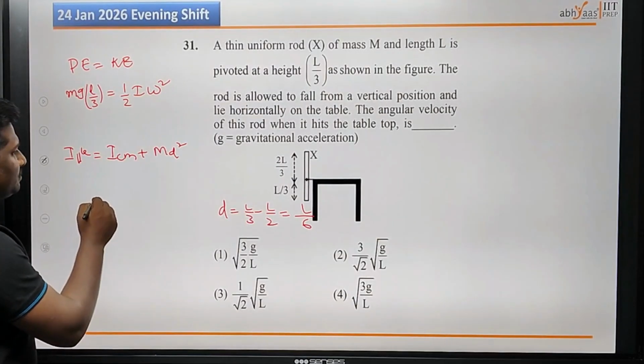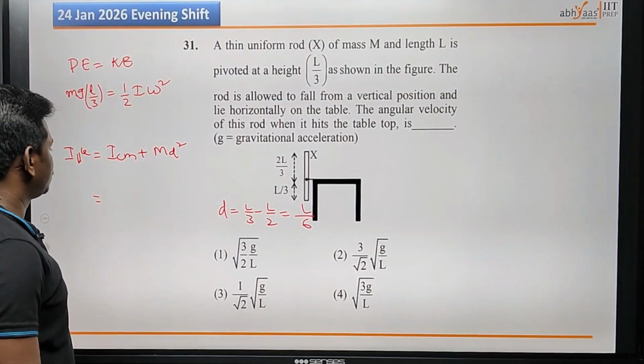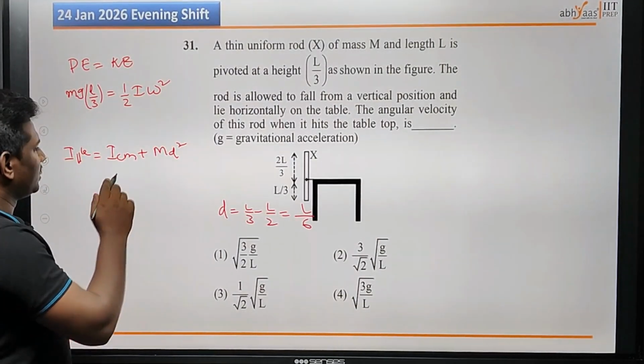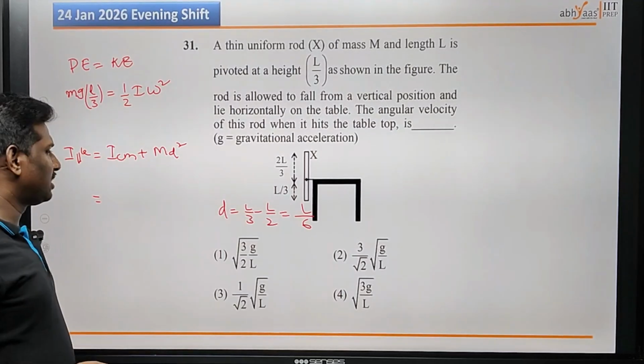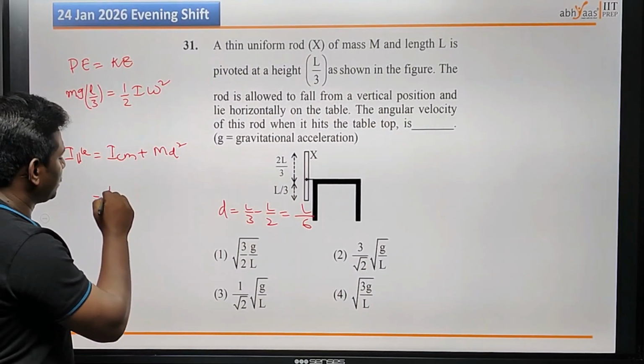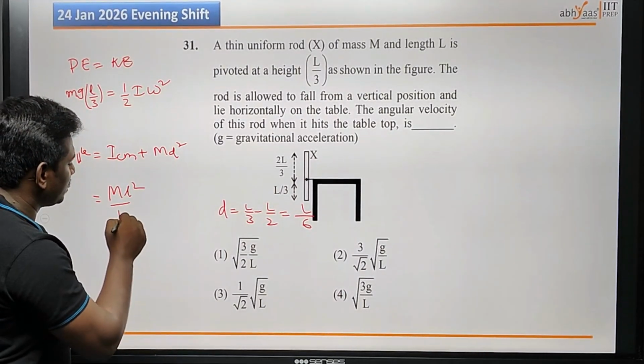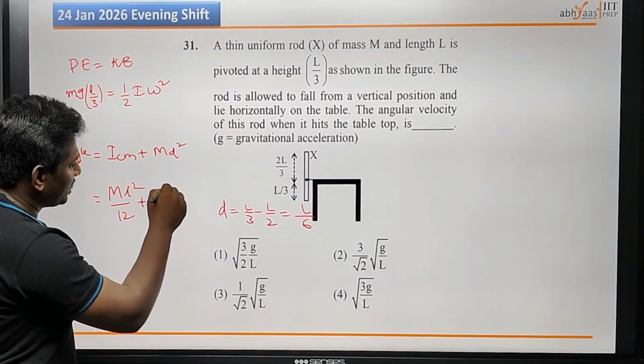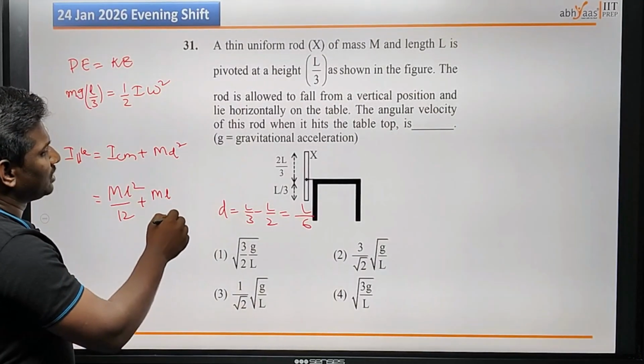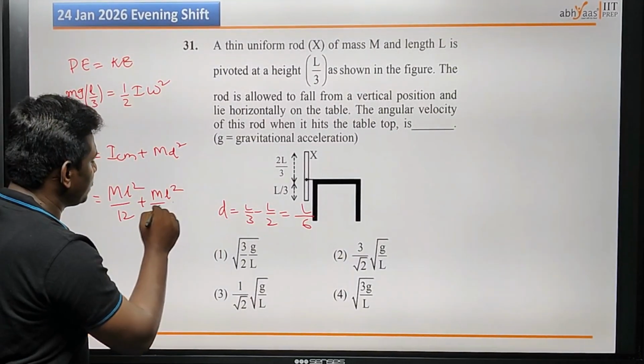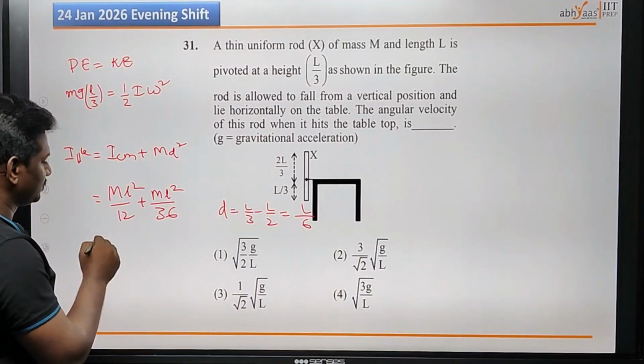We know that I_CM is nothing but the moment of inertia through the center of mass, ml square by 12, plus m l square by 36.